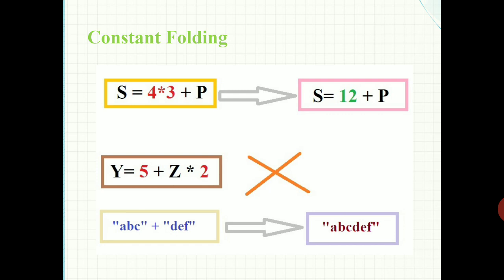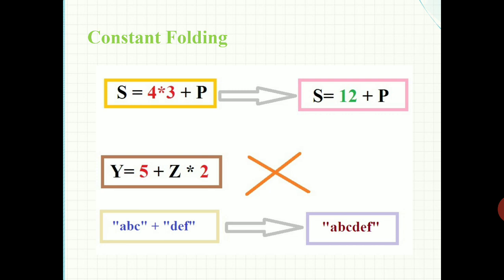We can concatenate them into a larger string by the constant folding operation. Plus means concatenation, so we will get the result. The concatenation of these strings at runtime can be done at compile time instead, so the runtime can be reduced.